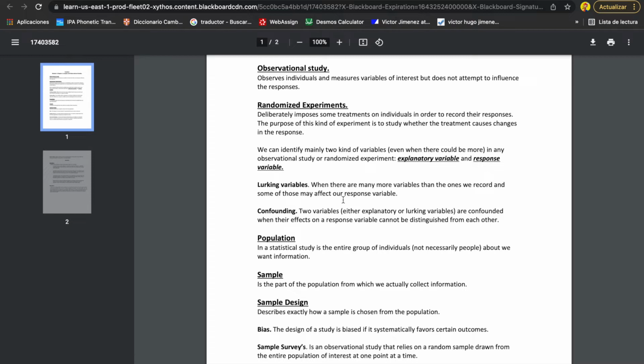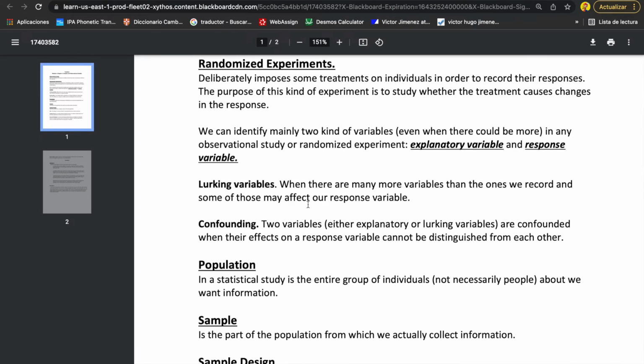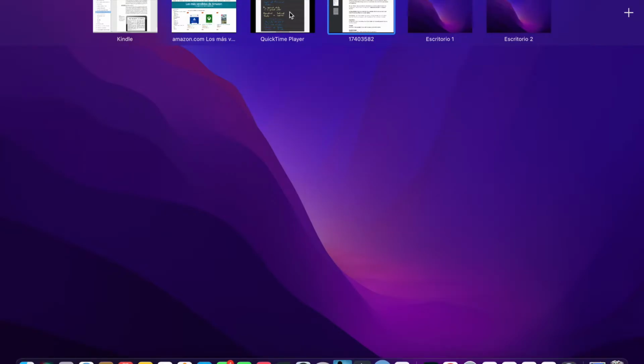For example, lurking variables, when there are many more variables than the ones we record, and some of those may affect our response variable. Related to this is the concept of confounding. Two variables, either explanatory or lurking variable, are confounded when their effects on our response variable cannot be distinguished from each other. All right.